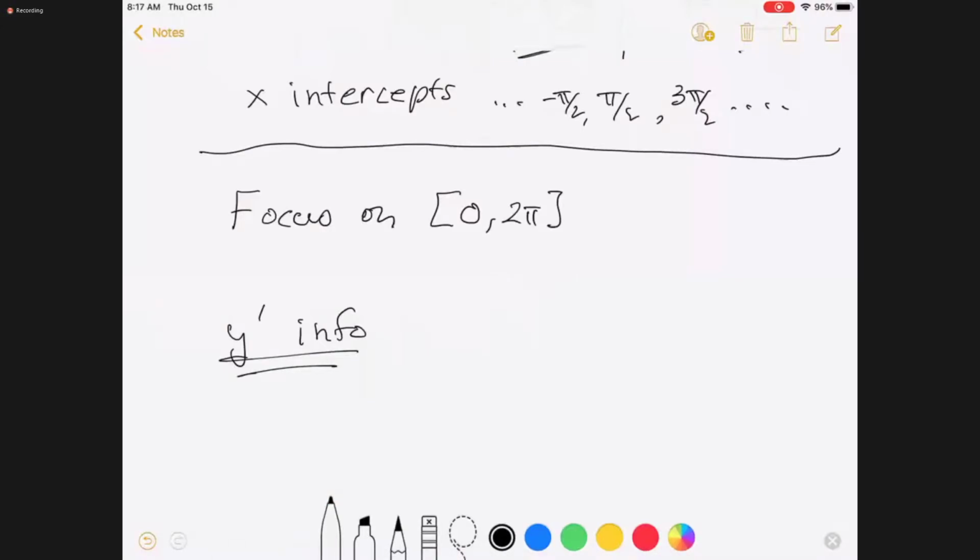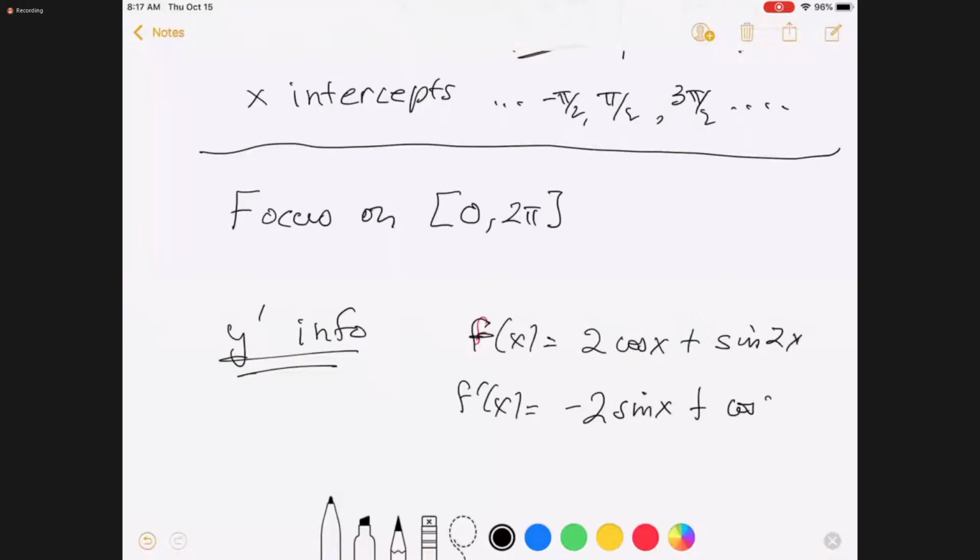Y prime info. So f of x is 2 cosine x plus the sine of 2x. So f prime of x is minus 2 sine of x plus the cosine of 2x times 2.